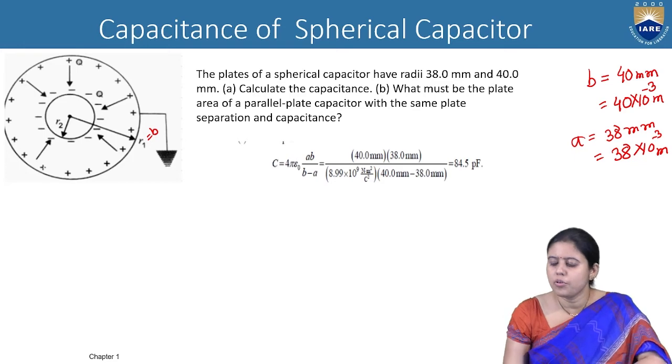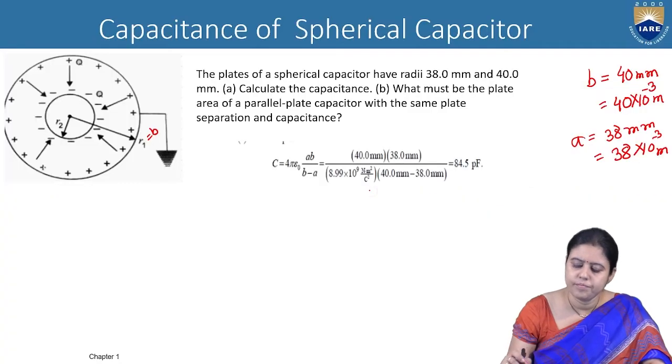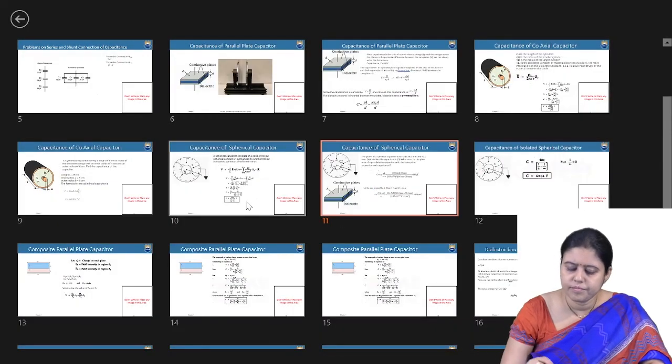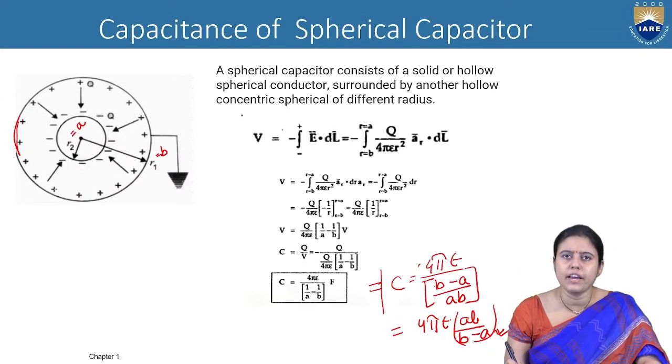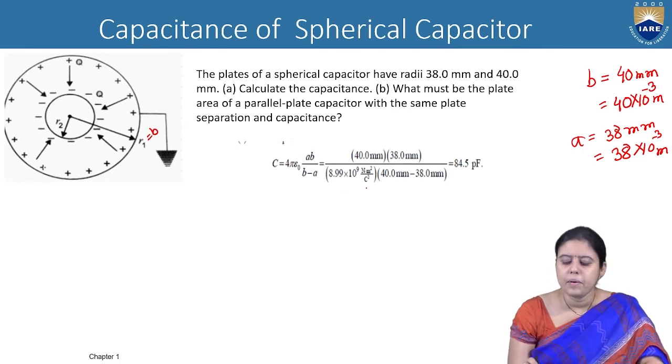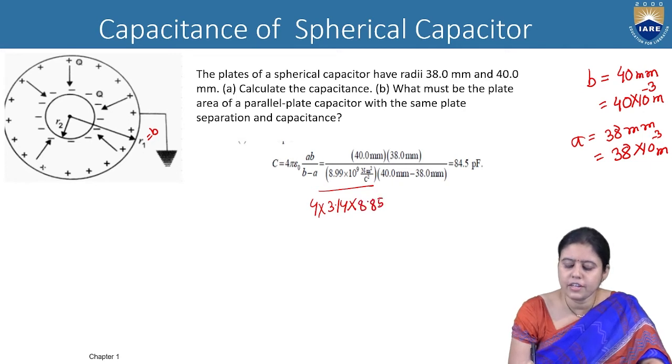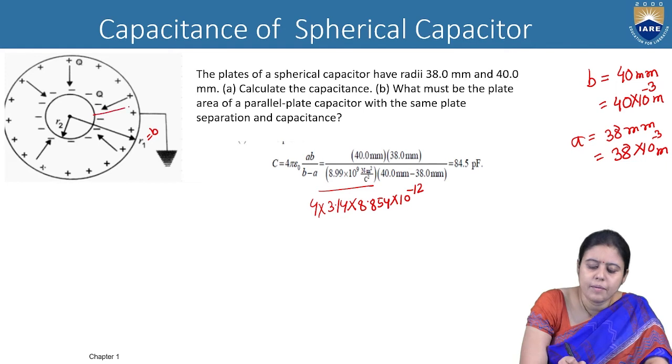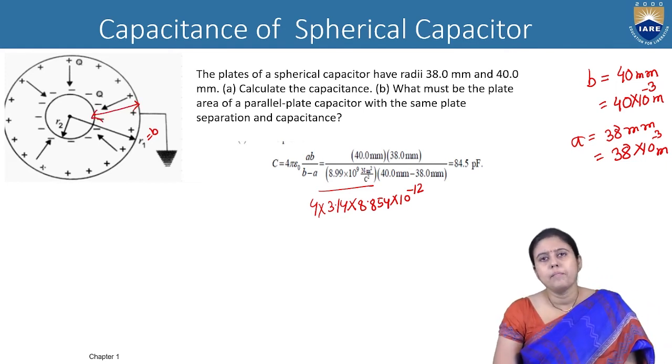Already we got this value. So what is the capacitance according to the formula? 4 pi epsilon 0 AB by B minus A. B means 40 into 10 to the power minus 3, A is 38 into 10 to the power minus 3, divided by 4 pi epsilon 0, so they have directly written the value 8.854 into 10 to the power minus 12, into 40 minus 38 because it is B minus A. 40 minus 38 mm means 2 into 10 to the power minus 3 meter.